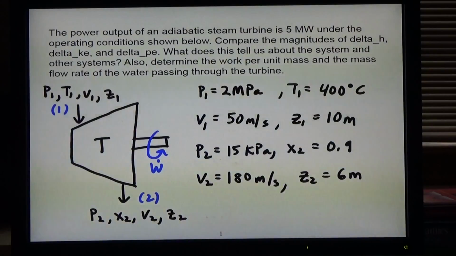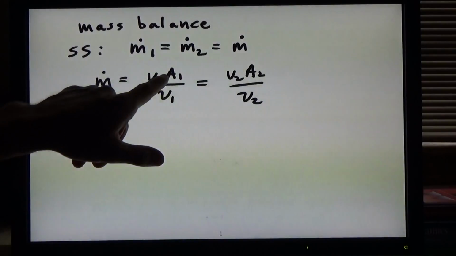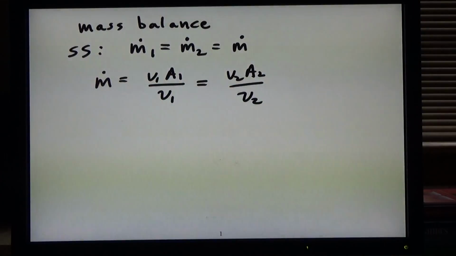But what about the area of the inlet or the area of the exit? Do we have any information or any way to calculate either A1 or A2? Turns out that we don't, right? Area is an extensive property, so it does not depend on things like pressure and temperature or specific volume.